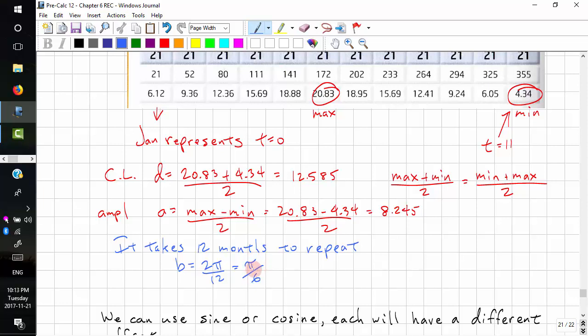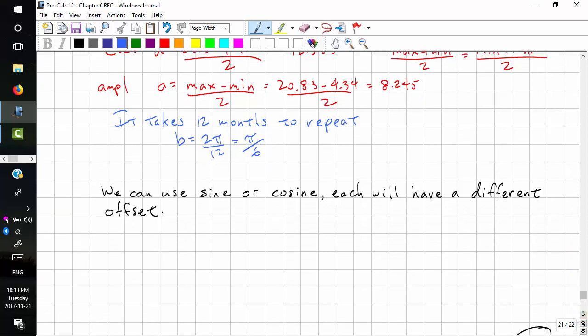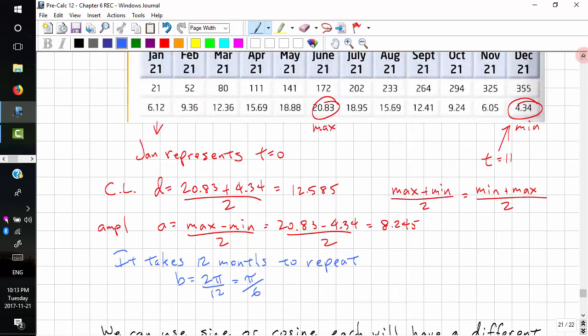And as I mentioned before, in most of these real-life problems, we will have pi in our B value. So we have a choice. We can use sine or cosine. Each will have a different offset. So if we look at the center line going up, it would be 12.6 going up, or 12.59 going up. This is pretty close to 12.59 going up.